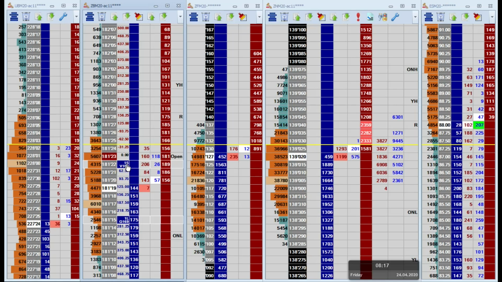ES is falling in, which is not good. But the Ultra Bond's definitely the leader. That's why I don't recommend trading the Ultra Bond. Just use it as a guide, because it'll show you what the 30-year is going to do.